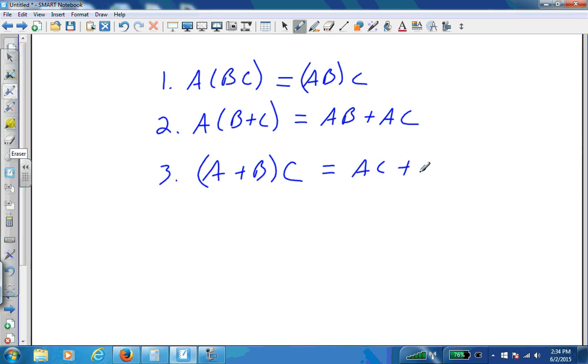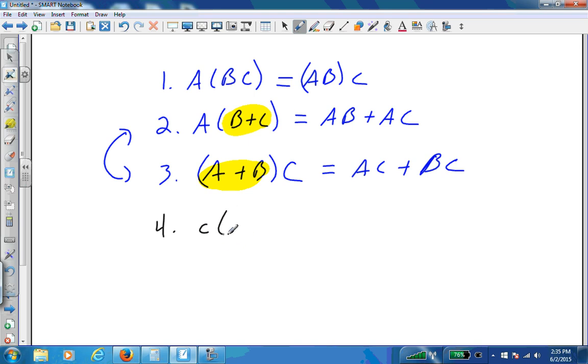Notice the difference between these two: the two that are added together are on the right side here, and on the left side here. But we can still distribute, and we still get what you would expect. Not always the case with every property. It's not the same as with regular real numbers, but it is here.